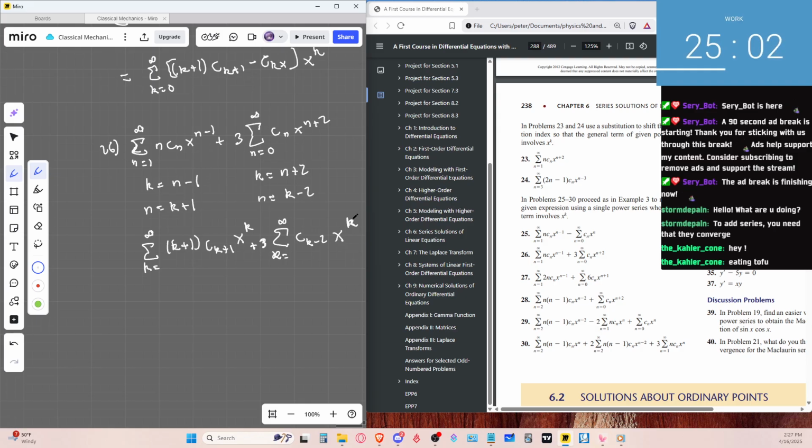So the index... my k's look really, really bad. So I'll just try to rewrite them like so. Okay.